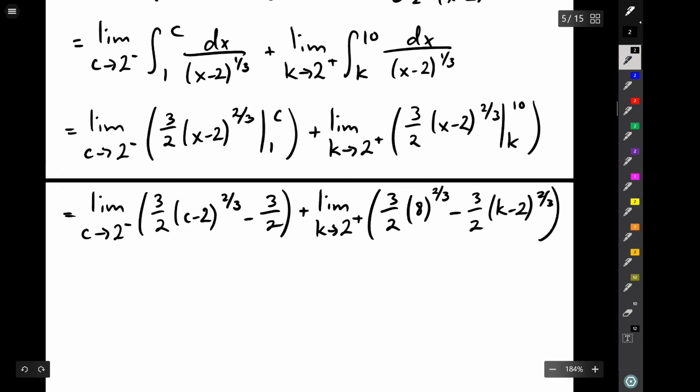Right? So we have to figure out what all these values are now. As c approaches 2 from the left, what is the value of this function? Well, if we wanted, we could move over to Mathematica and try to compute that. So let's at least look at the graph of this thing.